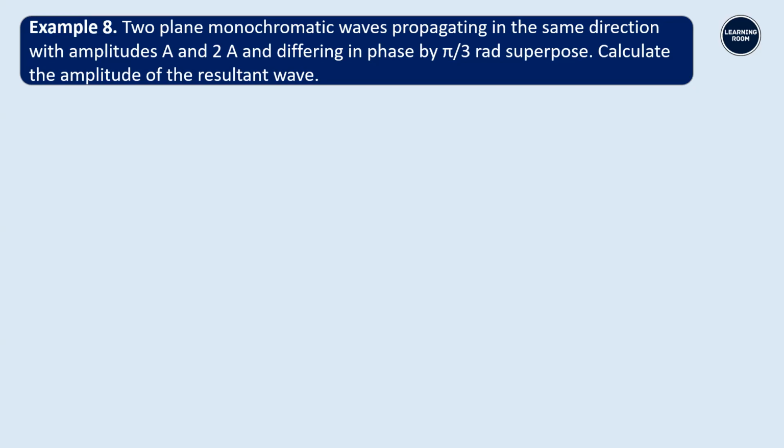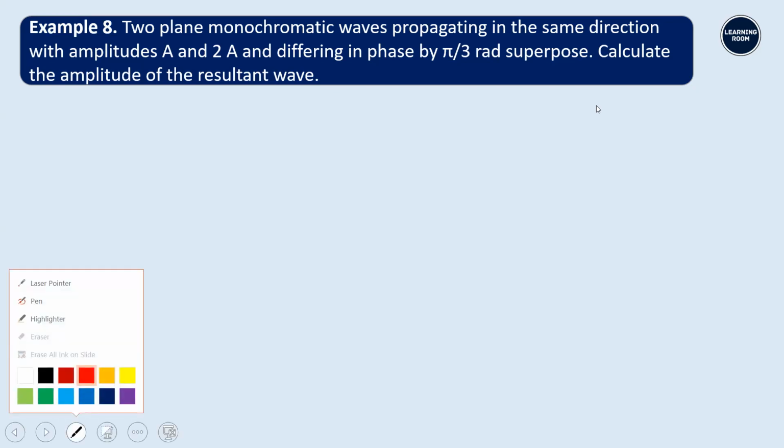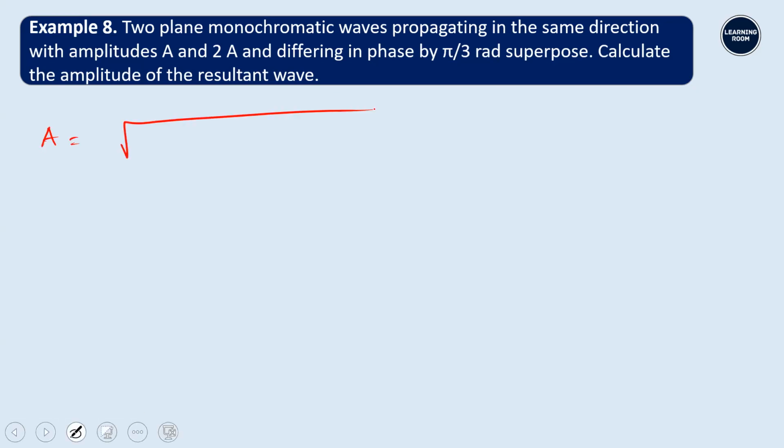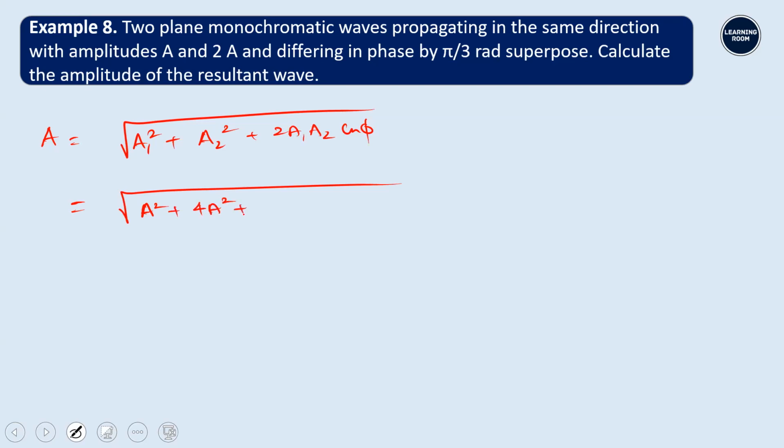Simple form. So A is equal to root of A1 square plus A2 square plus 2 A1 A2 cos phi. So this would be root of A1 square is A square, A2 square is 4A square, plus 2 into A into 2A into cos pi by 3.